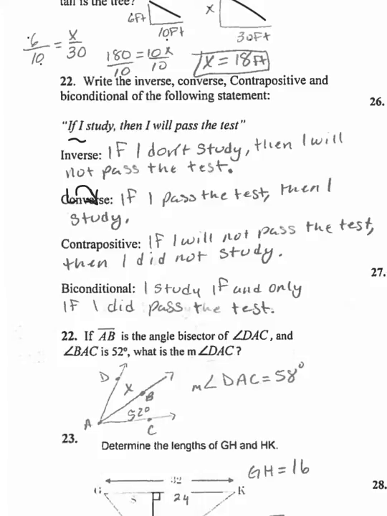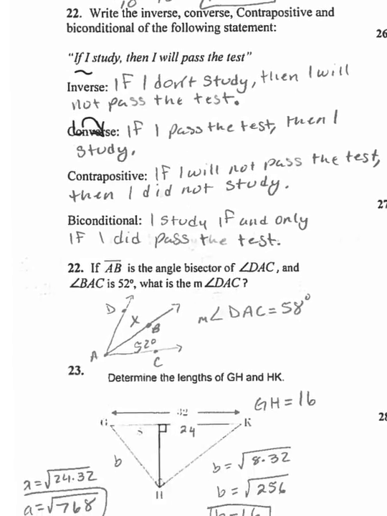Contrapositive is both. Contrapositive is a flip and a negation. I'm trying to draw flip symbols and negation, but this pen just isn't working very well. But contrapositive do both. If I will not pass the test, then I do not study. Biconditional, no if then. It's original hypothesis, you cross that out. Original conclusion, cross that out. In between those, you put if and only if.